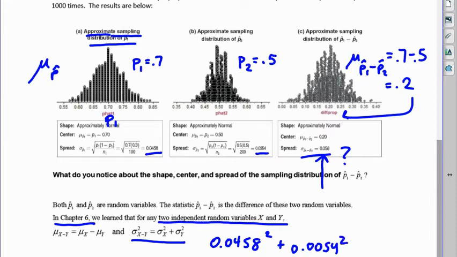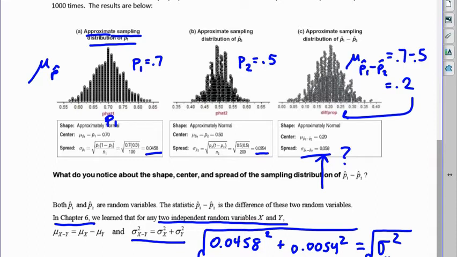There are our variances. We add them up, and that gives us our variance for the difference. Then if I take the square root of this, my difference will be 0.058.